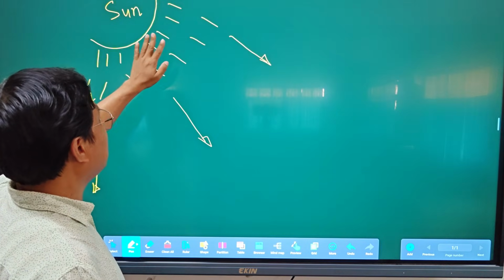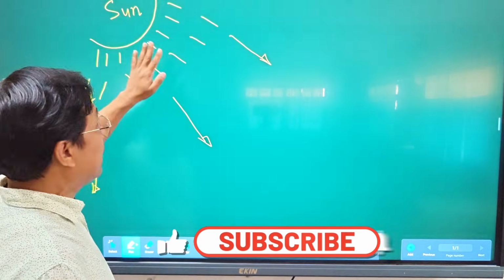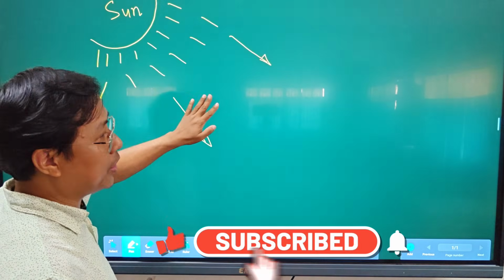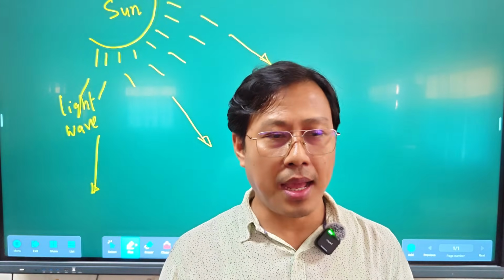Due to the electromagnetic wave, this light is traveling through space and the medium. And we know that the sunlight which is coming out from the sun has different spectrum.